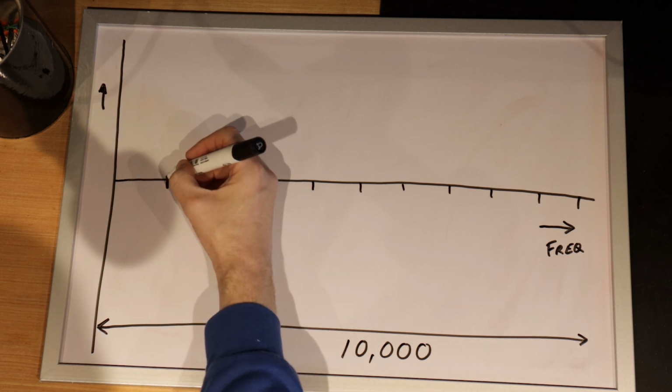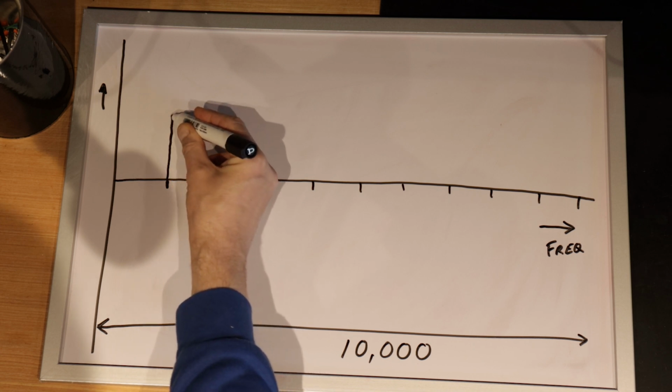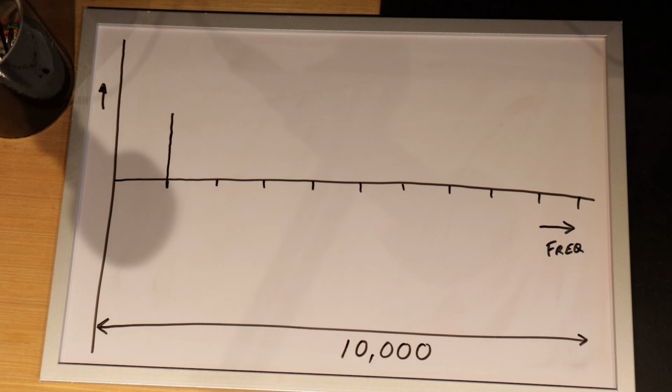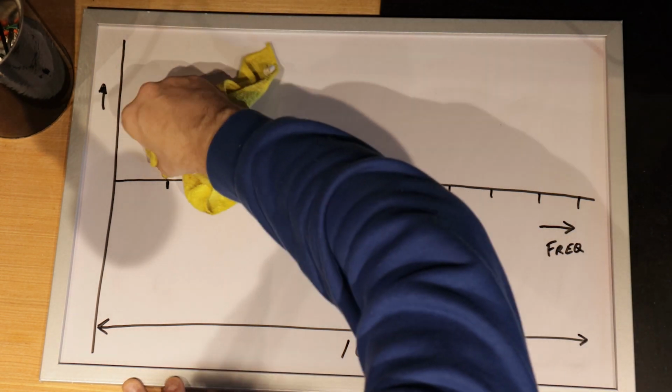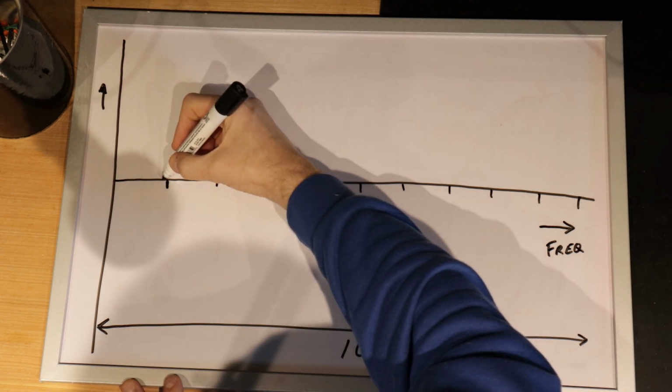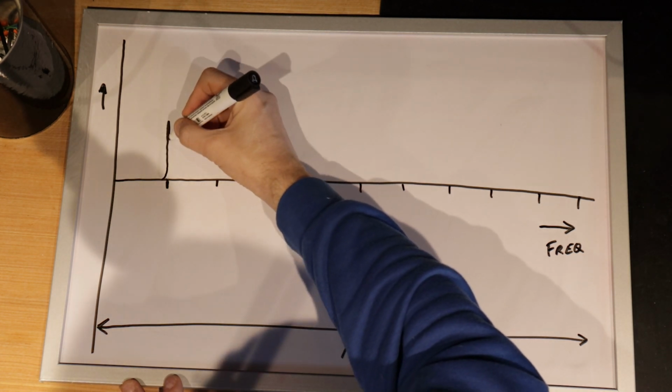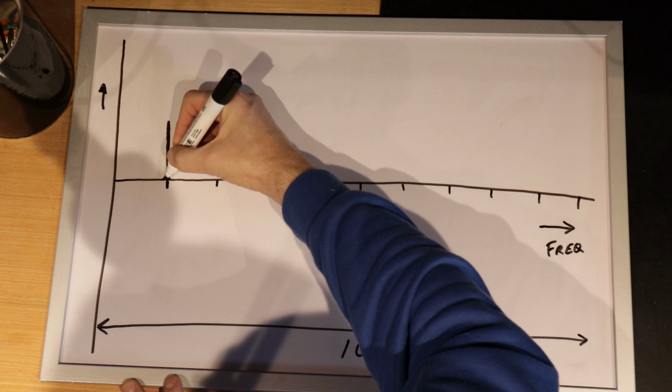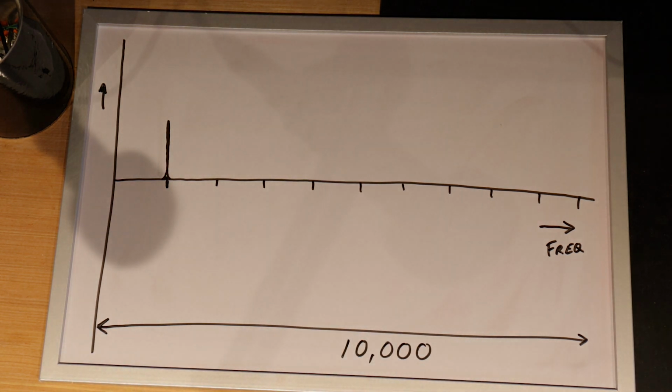What you'll see here, a perfect 1 kilohertz tone should just be a spike here, but that's not likely to happen. So what you're more likely to get is something such as that.